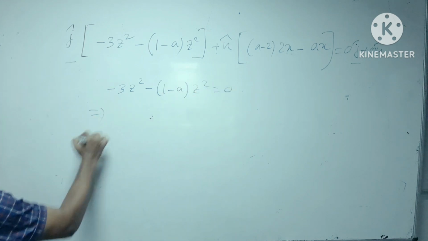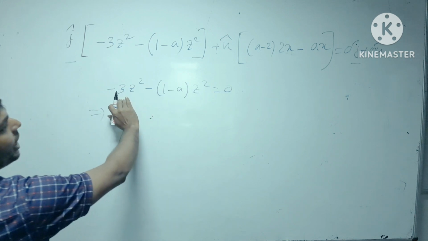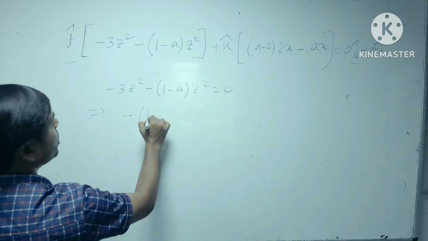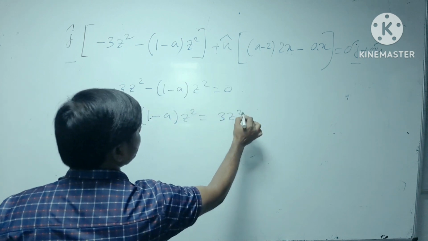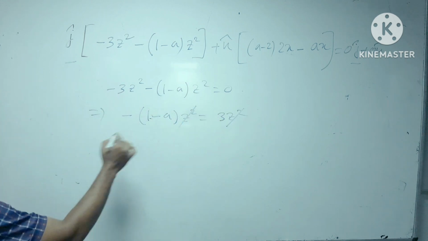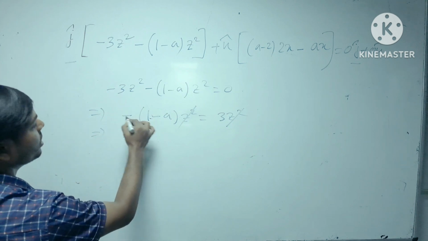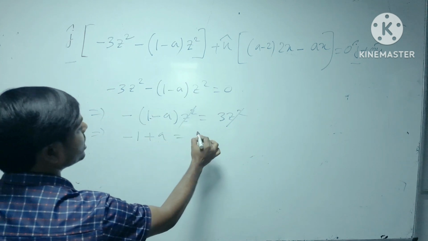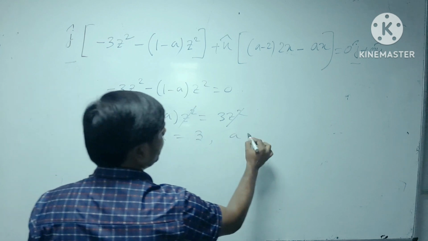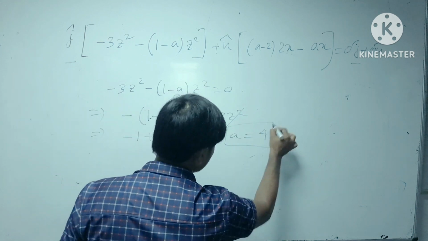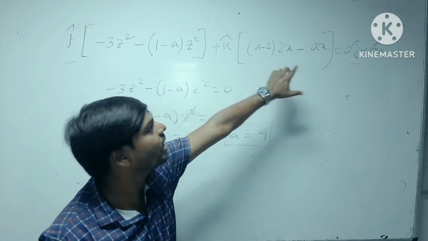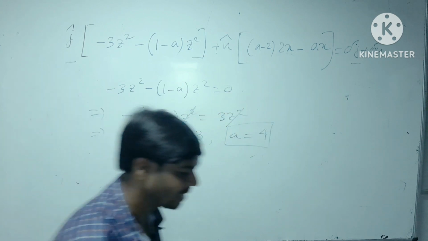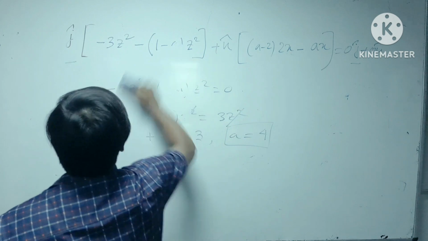From there, if I take it to the right side, minus 1 minus a z square is equal to 3z square, z square cancelled. So here minus 1 minus a is equal to 3, so a is equal to 4. This is the answer. If you use the other one, you again get a is equal to 4. That's all for this problem.